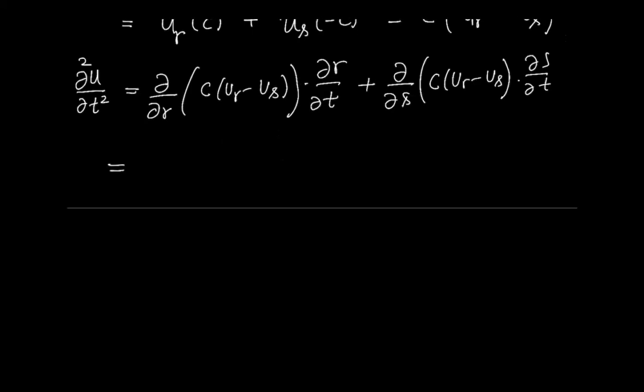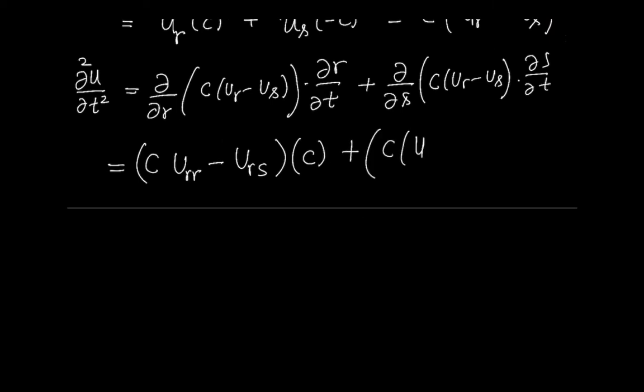And if you take the partial derivative with respect to r, this is going to be c times u r r minus u r s, the partial derivative with respect to r and s of u. And this is going to be again the derivative of r with respect to t, which is c. And this is going to be c times u r s minus u s s, and the derivative of this with respect to t is going to be minus c.